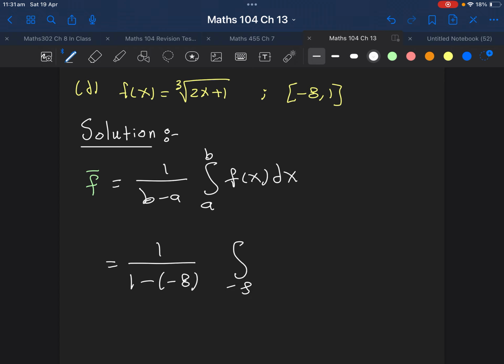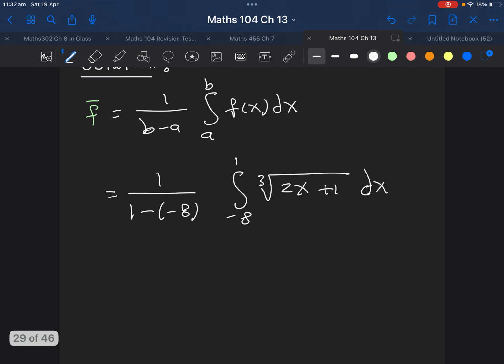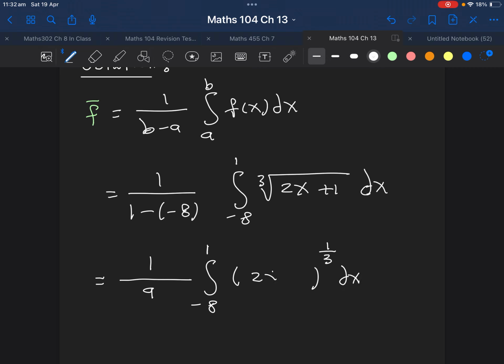And then I do the integral from negative 8 to 1 of the cubic root of 2x plus 1 dx. It looks like I need to use the substitution method or the shortcut of the power rule. So this one should be power 1 over 3, and here I have 2x plus 1.